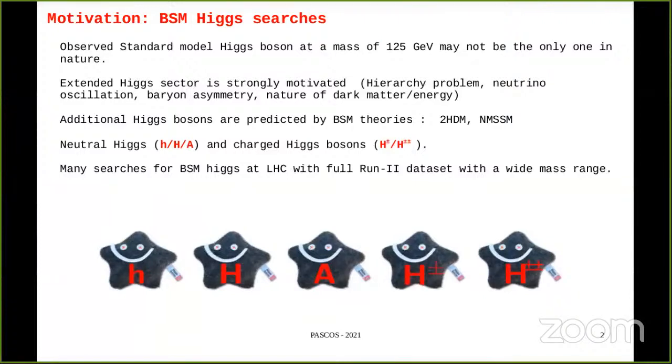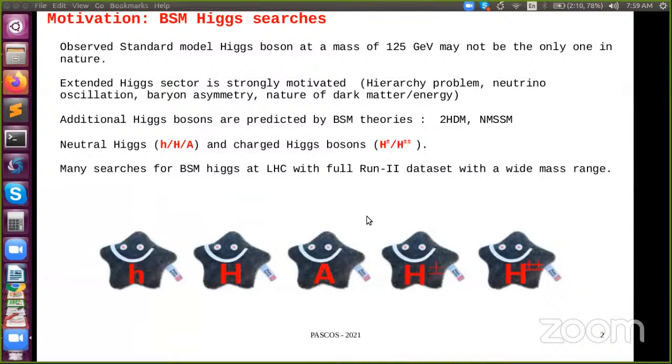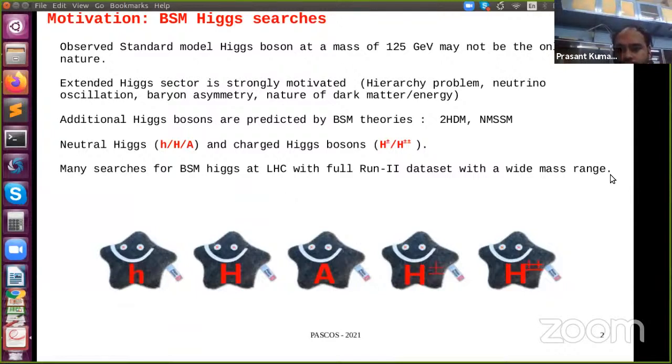So for the motivation of the different BSM searches for Higgs, as we already know, the standard model Higgs boson at a mass of 125 GeV may not be the only one in nature, and extended Higgs sectors are strongly motivated because some phenomena like the hierarchy problem, neutrino oscillation, baryon asymmetry, and the nature of dark matter and dark energy could not be explained by the standard model.